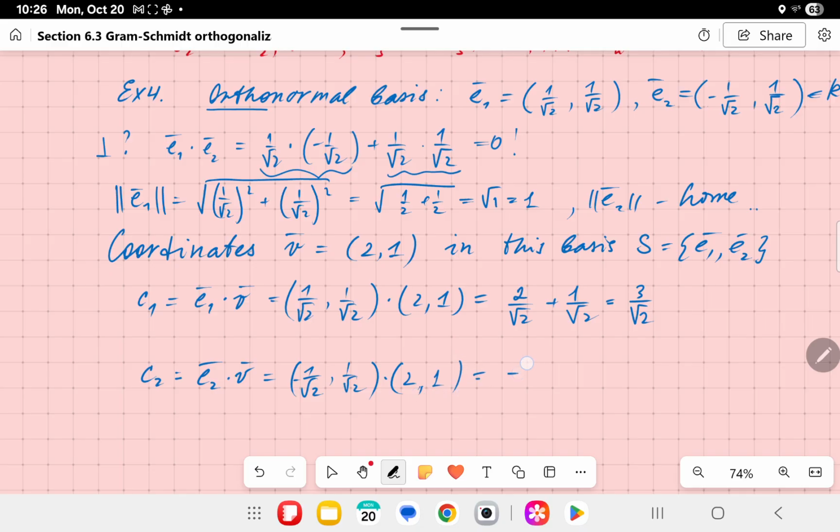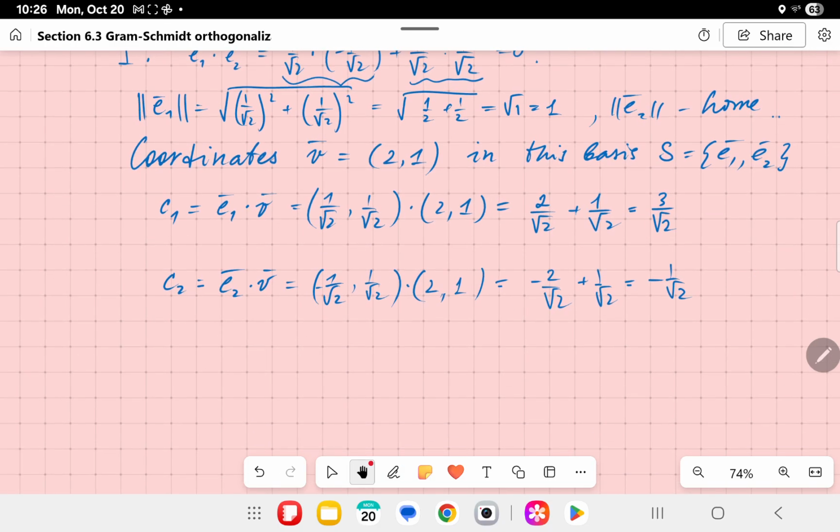Well, I'm going to have minus 2 over square root of 2 plus 1 over square root of 2, which gives me minus 1 over square root of 2. Now I'm going to combine them and say that V, the coordinates in basis S, are 3 over square root of 2 and minus 1 over square root of 2. So no system of equations is supposed to be solved, right? That's very good.